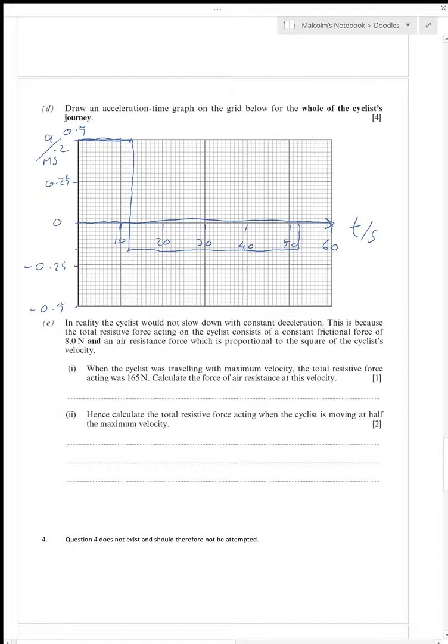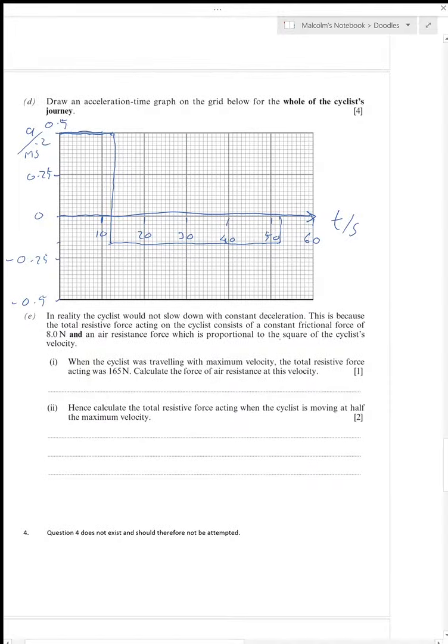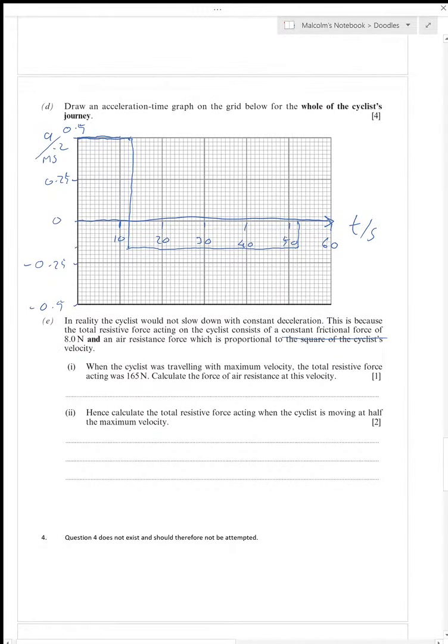So let's have a careful read of this next part of the question. We've got total resistive force acting on the cyclist with a constant frictional force and an air resistance force which is proportional to the square of the cyclist's velocity. So this constant friction force is 8 newtons.